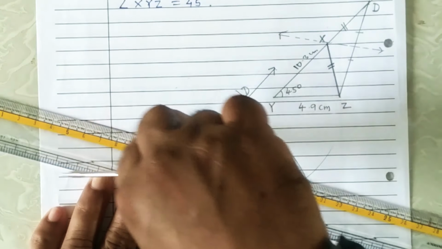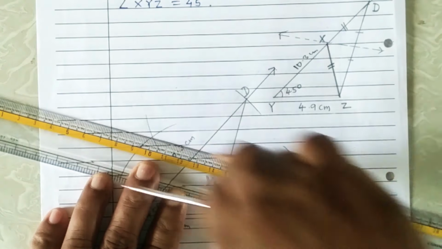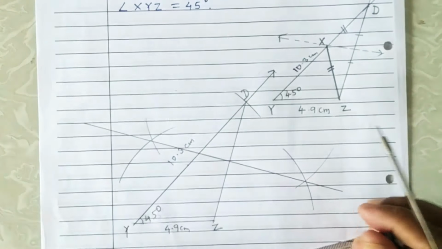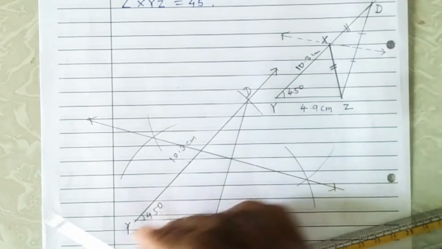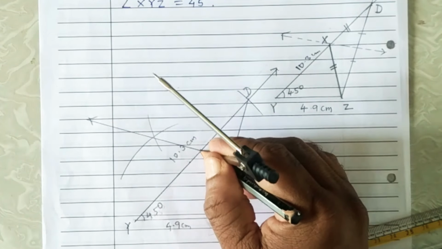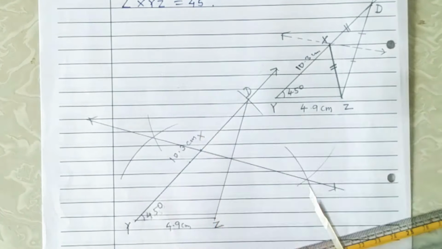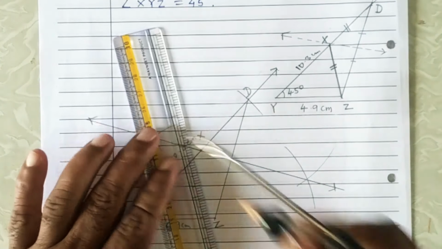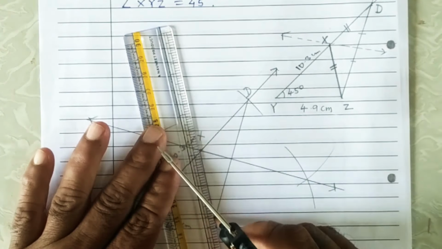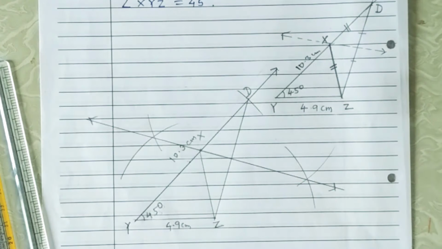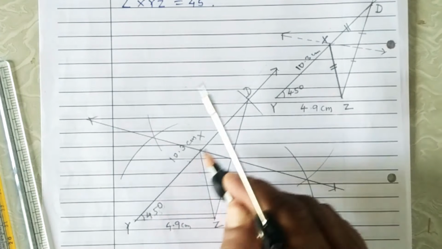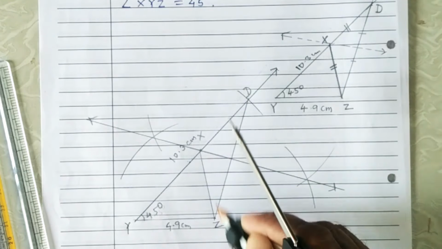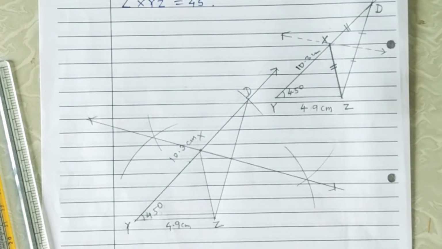Wherever the perpendicular bisector intersects the side YD will be the point X, and join XZ. This is how we can construct triangle XYZ, where sum of length of XY plus XZ is equal to 10.3 centimeter.